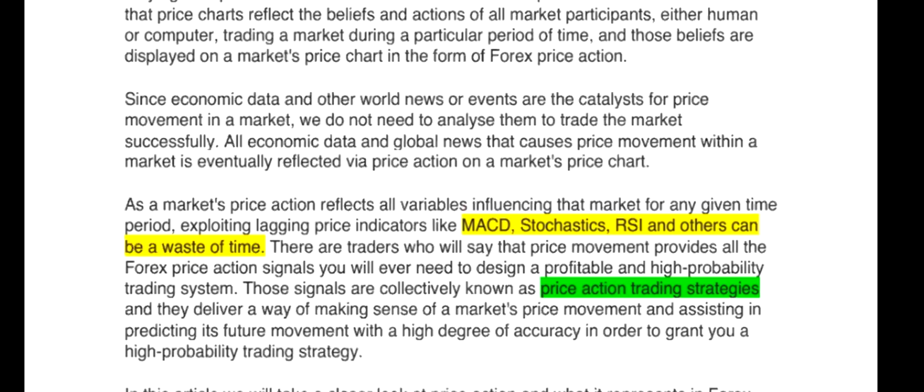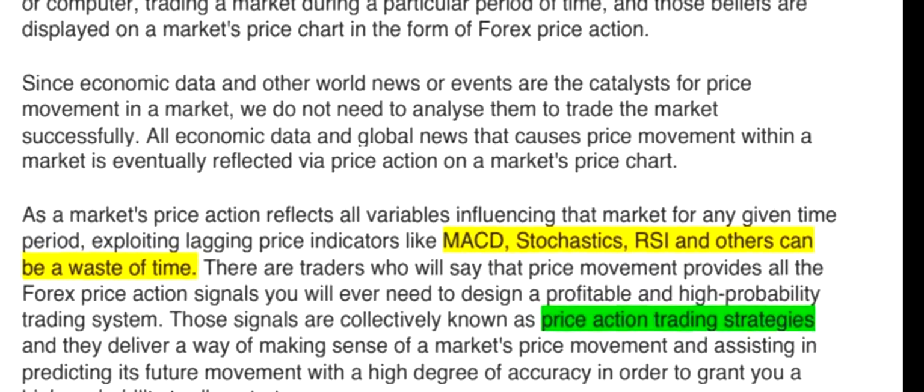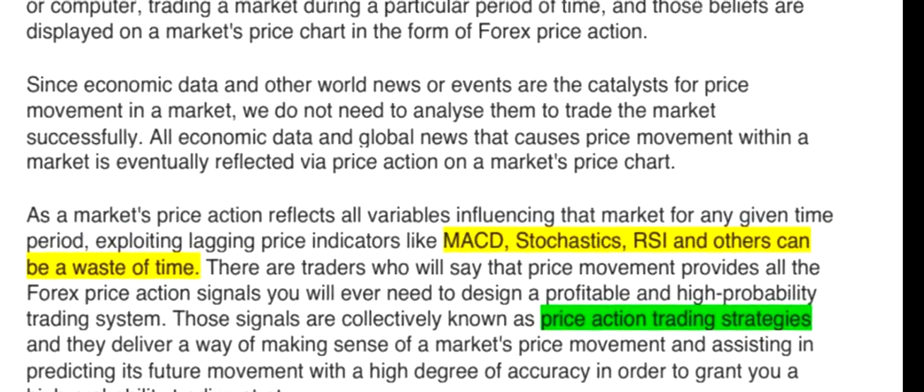I have a question. Normally, when there are news that are going to affect a certain currency, I don't trade that currency at all.